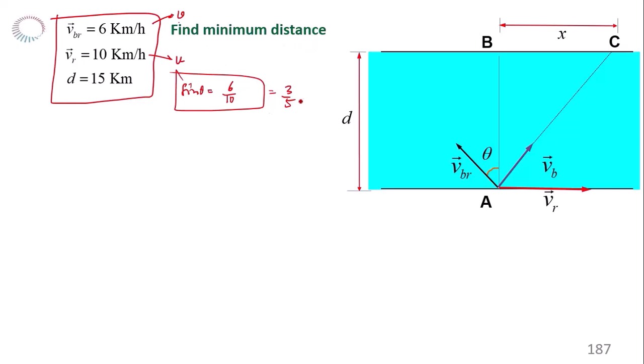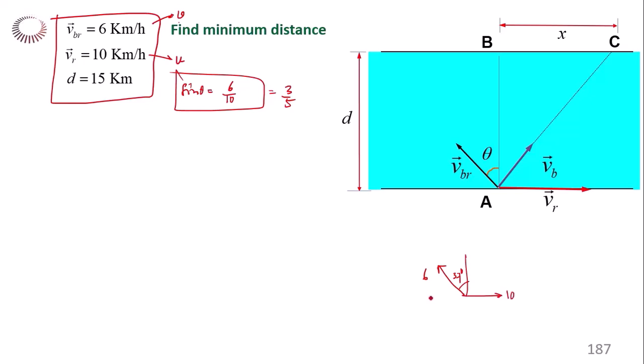So sin theta is 3 by 5, now in this situation what is happening? In this situation, the VBR, that is 6, is in this direction, and theta is this number, 37 degree. And VR is 10.